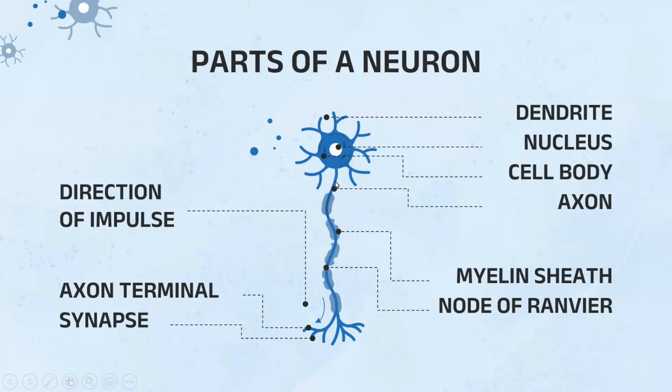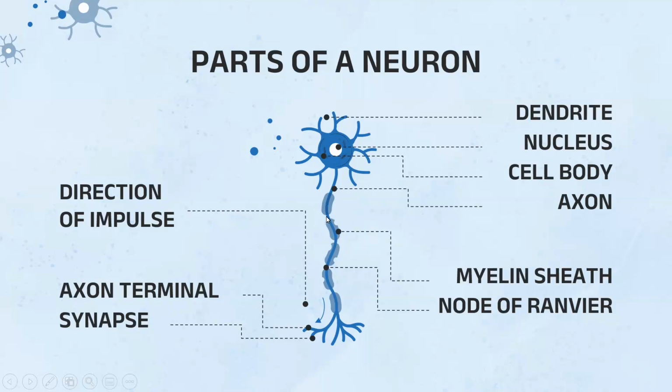Okay, so the impulses do not move through the whole axon, but because there are myelin sheaths all over the axon, the impulses move in saltatory conduction fashion. In other words, they jump from one node to another. If you notice here, there's a myelin sheath here, here, and here, but in between there are the nodes of Ranvier.